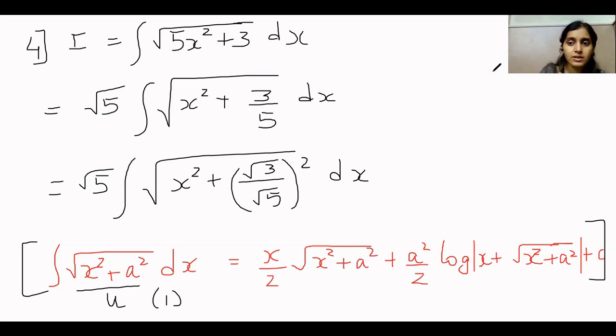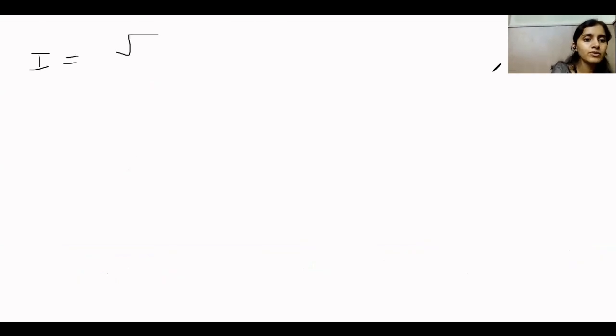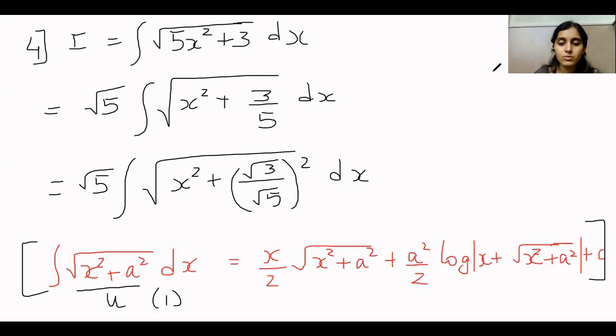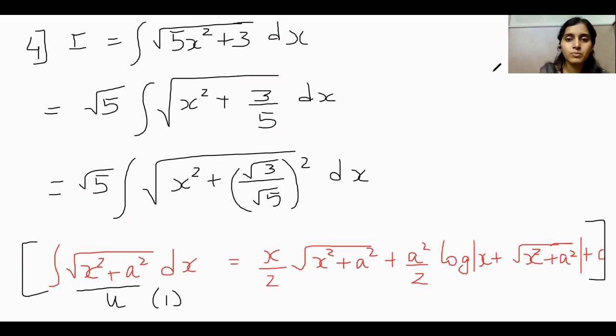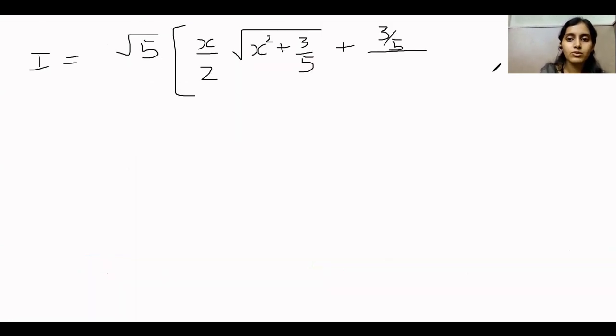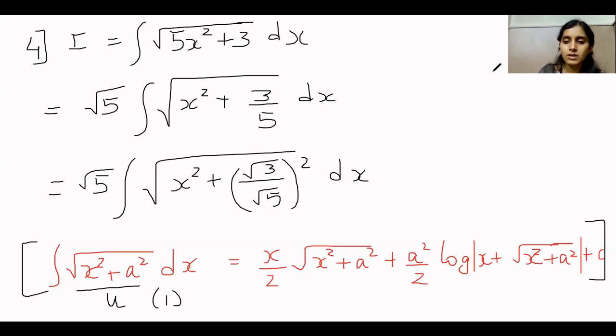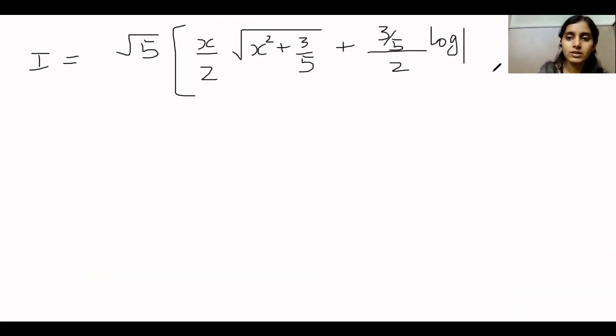So we get I equal to root of 5, which is already present, times x upon 2 root of x square plus 3 upon 5, plus a square upon 2, so plus 3 upon 5 upon 2 log of x plus root of x square plus 3 upon 5, plus c. This is your final answer.